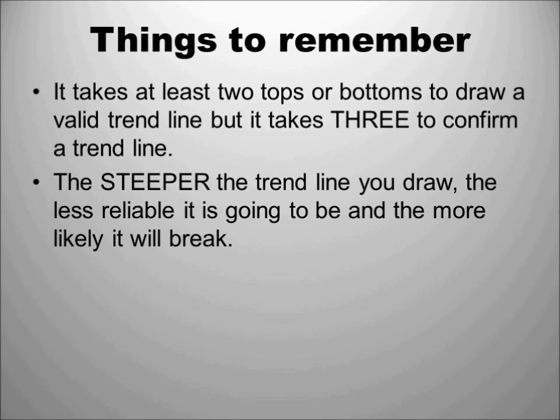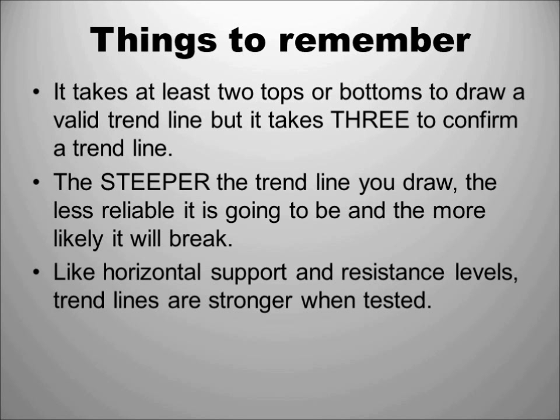The steeper the trend line, the less reliable it is. And like horizontal support and resistance, trend lines are the strongest when tested. If the price bounces off the support line many times, that will tell us that the bull market will continue or may continue. I shouldn't say will, because there's no guarantees in this market.